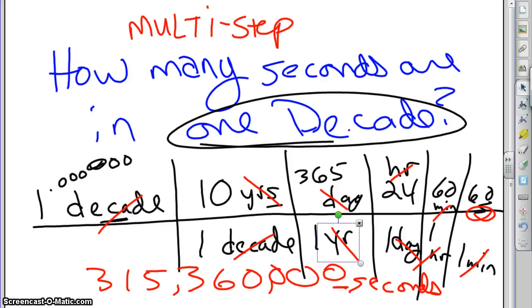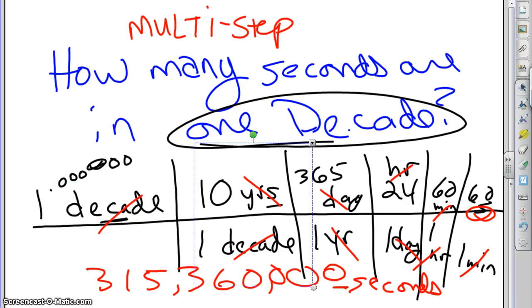So those are the basics of how to do either a single step or multi-step conversion using a dimensional analysis chart. You find your conversion factor, you write out your numbers and your units, and then in your conversion factors you write the thing you want to cancel out across from the thing that it's canceling, top to bottom, and then you put the thing that thing is equal to on the top.